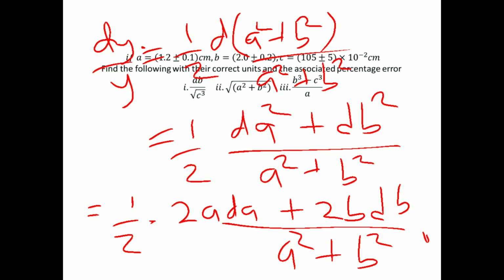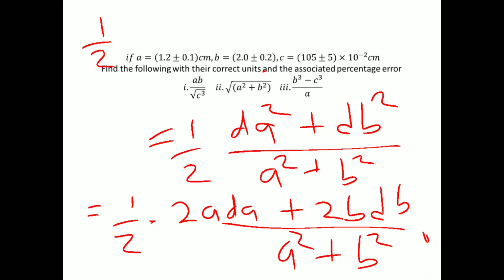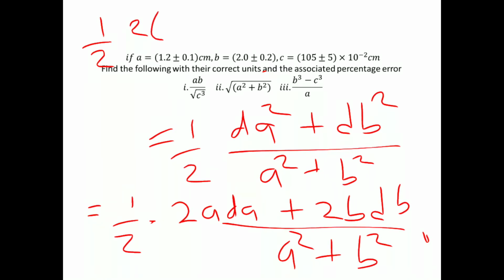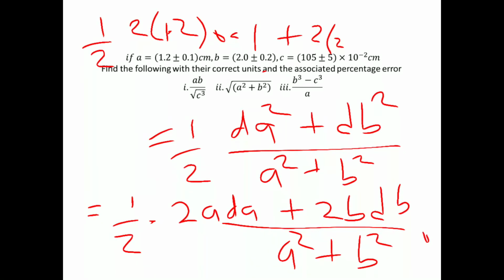Beautiful. So at this point now we can substitute our values. So that means I'm going to have half, then times 2 times a, that means 2 times 1.2. Okay, dA is 0.1. Then plus 2 times b is 2.0, so 2 times 2.0.